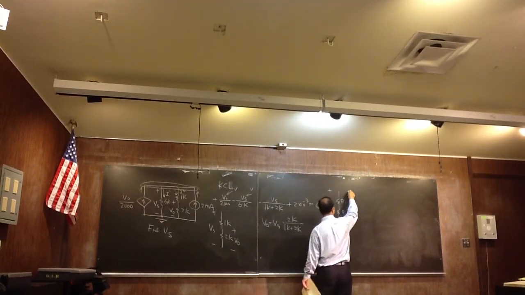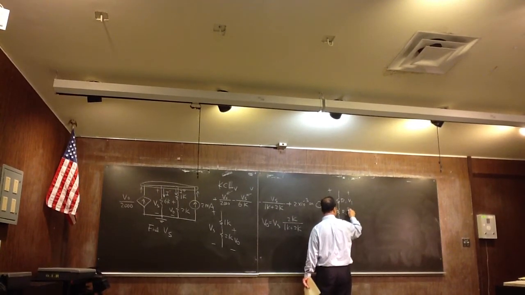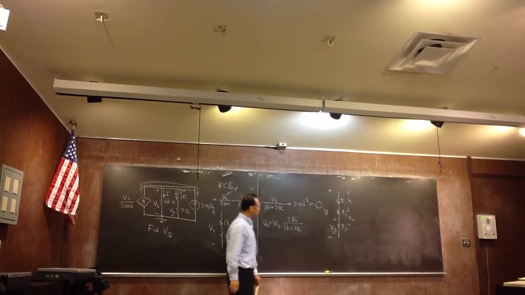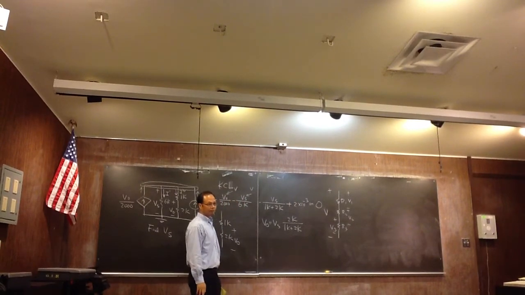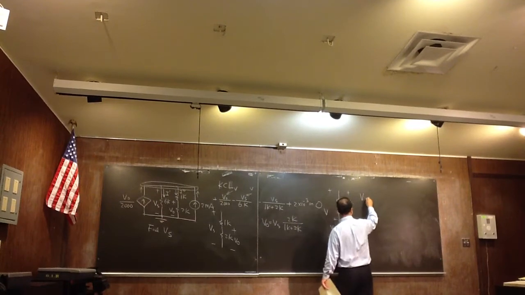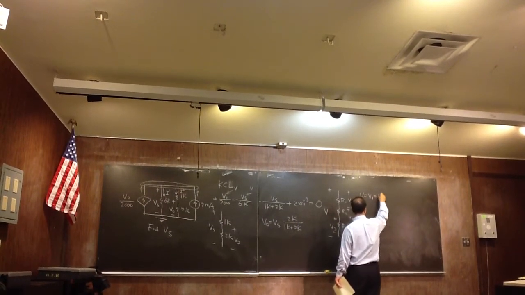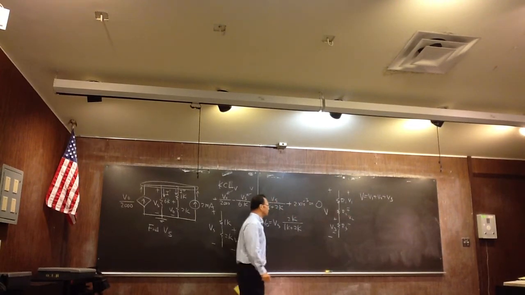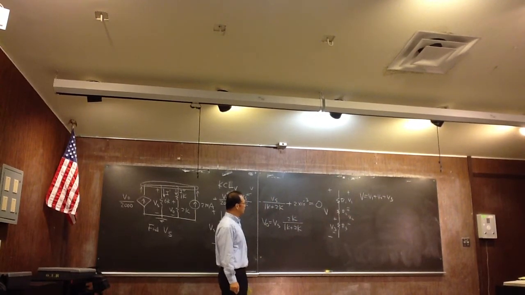The voltage on R1 is called V1, on R2 is V2, and on R3 is V3. First, you should know that V should be equal to V1 plus V2 plus V3. Is it correct?